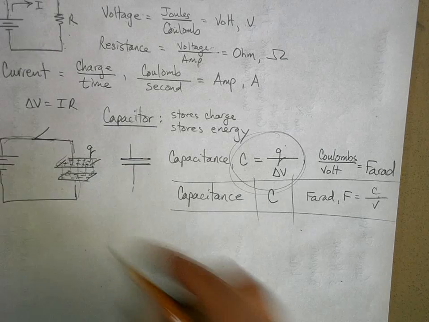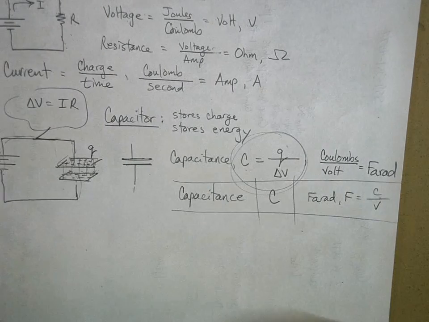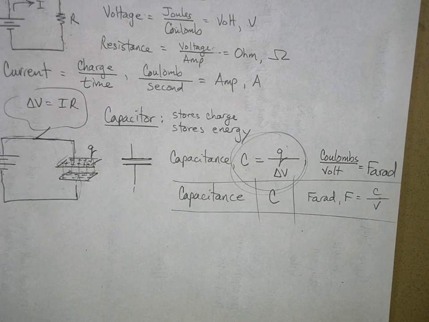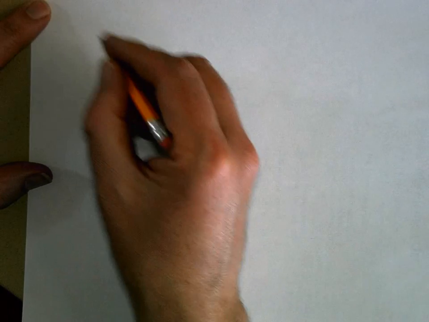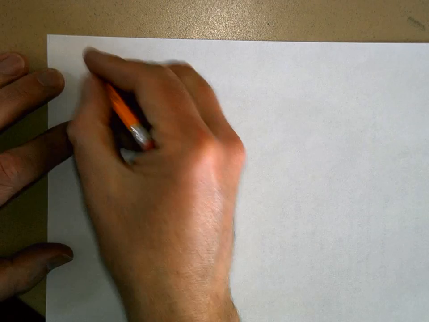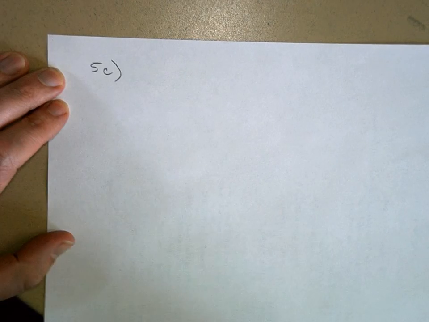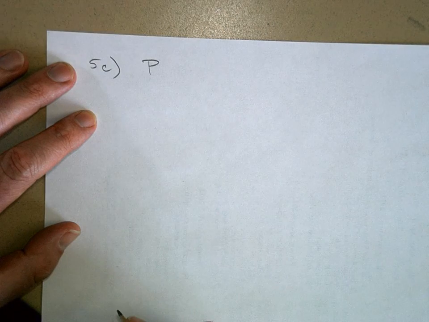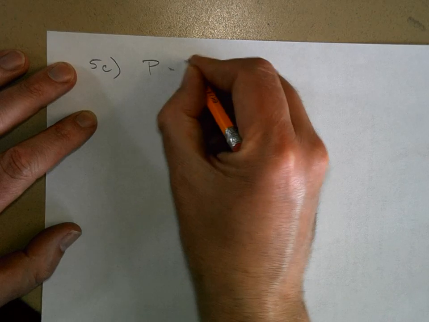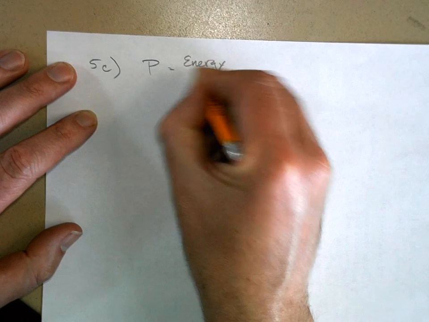So this is Ohm's law right here. I think we've covered 5A and B. All right, 5C. It's all about power. So just know that power is energy consumed per unit time.